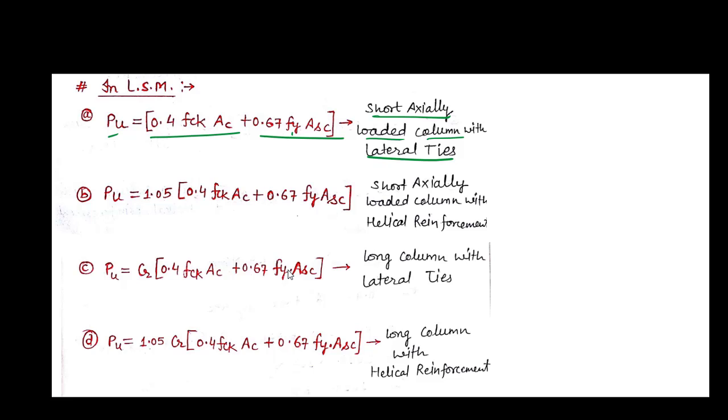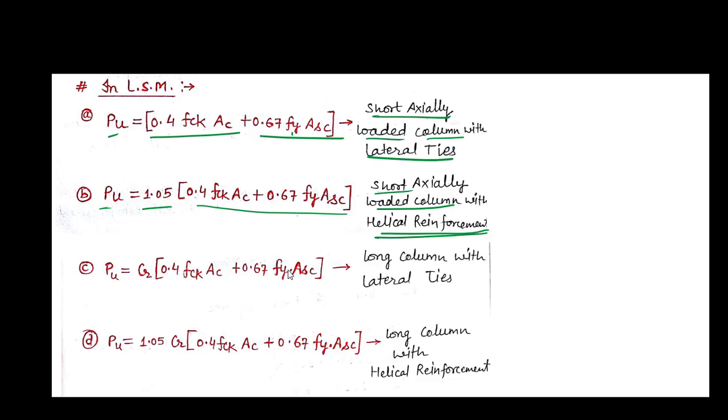Now the condition has changed. Now it is a short axially loaded column with helical reinforcement, meaning it is a short column, it is axially loaded, so it satisfies the e minimum condition, but in this case the shape has changed. The shape is circular because we are using helical reinforcement. So here the load will be calculated by the formula PU equals 1.05 times the same value.